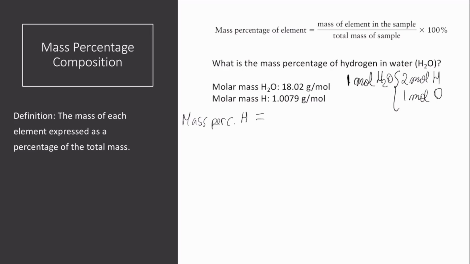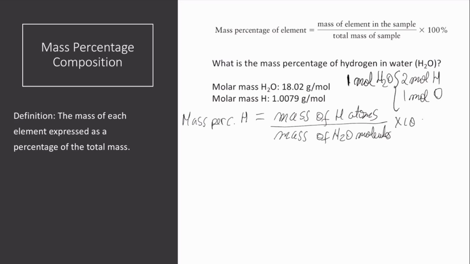So for this, we have mass of hydrogen atoms divided by the mass of water molecules times 100%. So the first one, the mass of hydrogen atoms, is defined as follows.